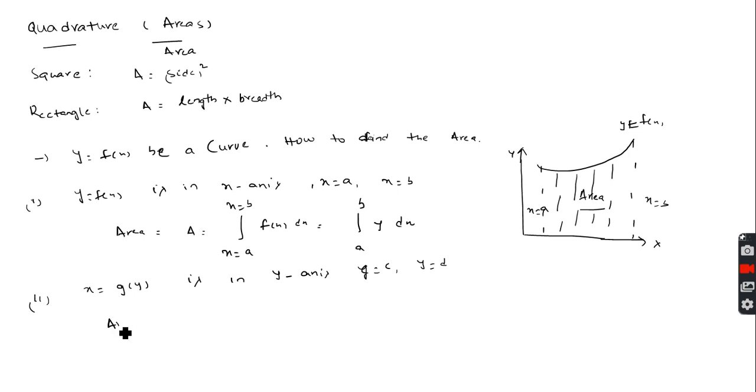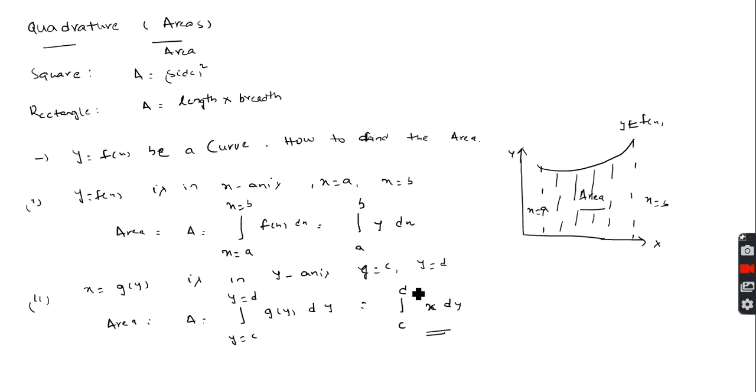Then the area is equal to the integral from y is equal to c to y equal to d of g of y into dy. That is nothing but the integral from c to d of g of y, that is x, into dy.